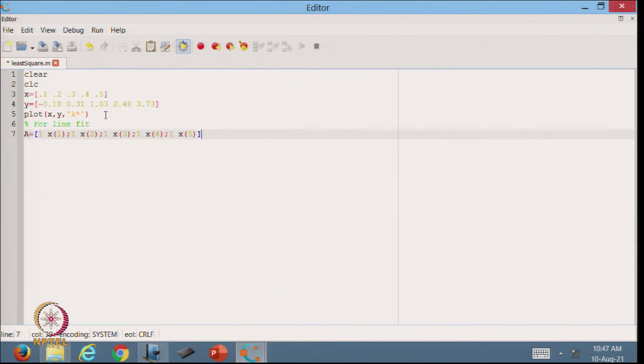So, here I will get the matrix with the first row as 1, x1, the second row as 1, x2, and so on. This way we are able to write the matrix A.